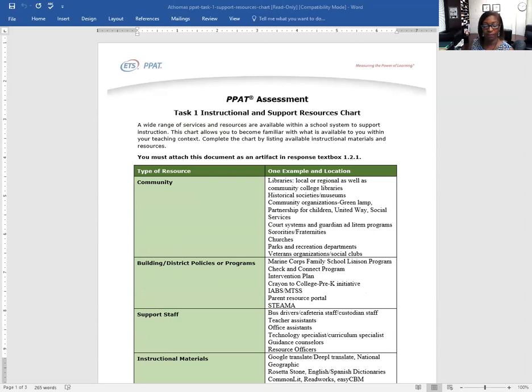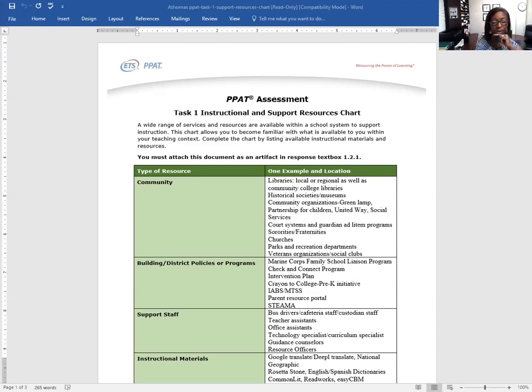is your contextual factors chart. I have one completed. I've got to find it.